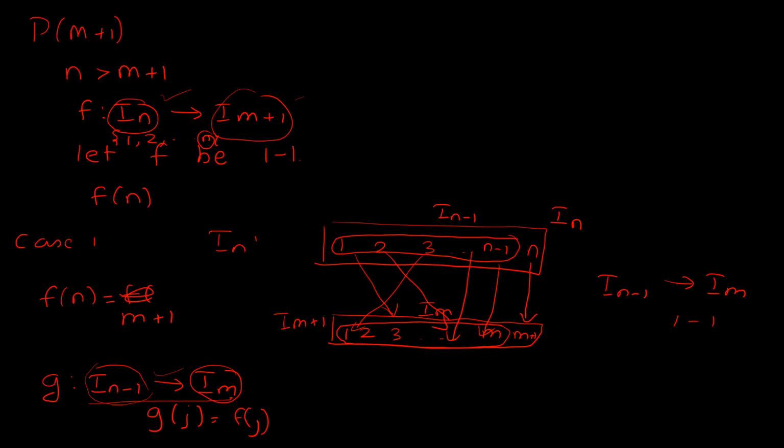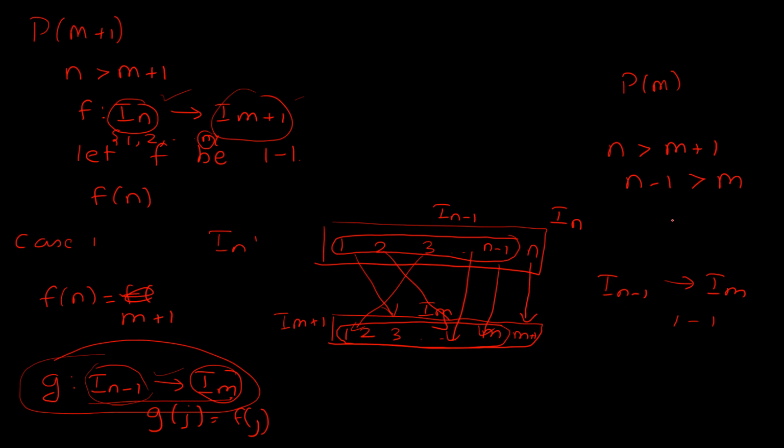Okay, so now what I'm going to do is, see g, what I have assumed already for P of m, that such a thing cannot happen if n is greater than m plus 1, that means n minus 1 is greater than m for sure.